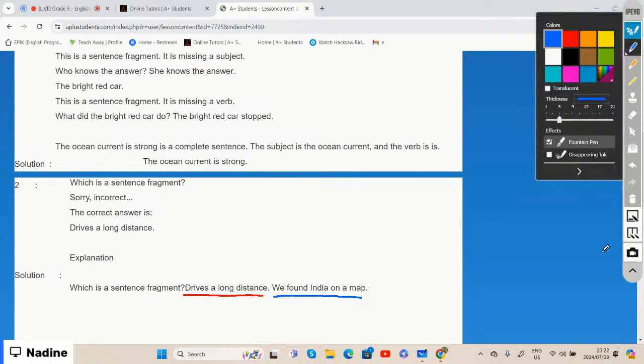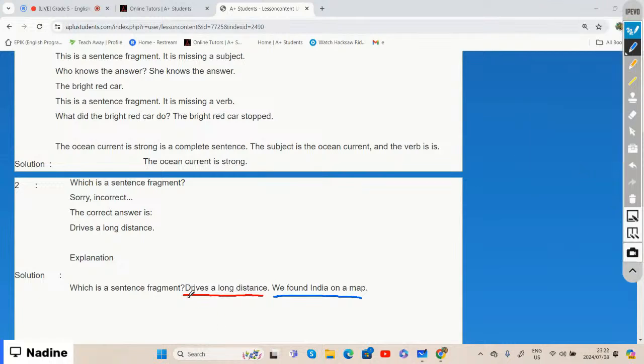So if we look at these two sentences, it says drives a long distance, right? This one is the first one, and this is the second one. Or we found India on a map. We need to select the sentence that is a sentence fragment.